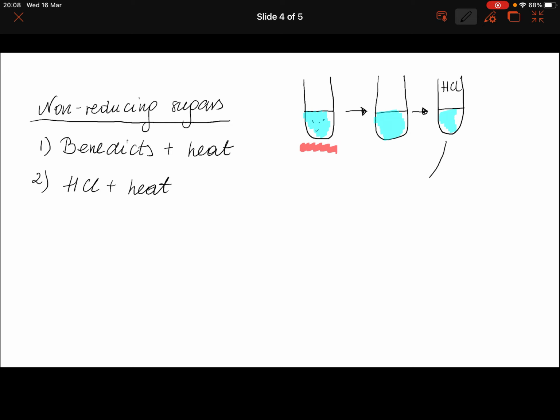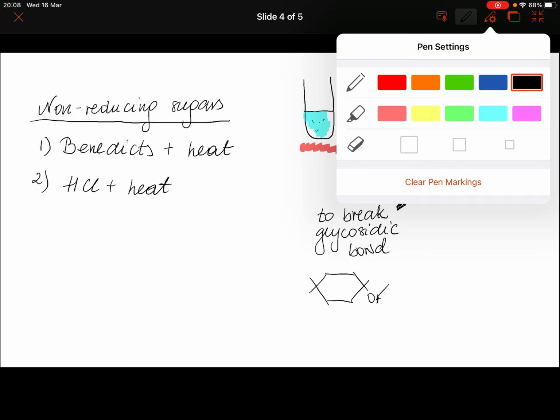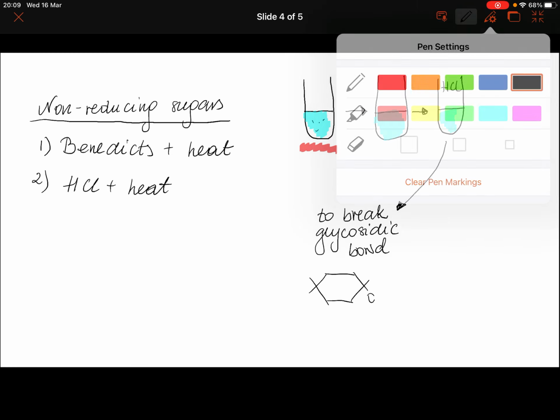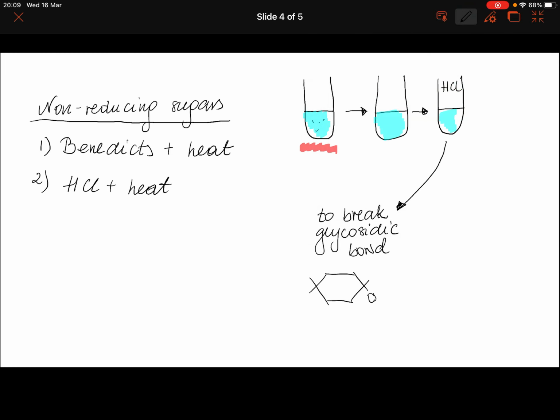The reason why we're doing this is to break the glycosidic bond. Remember, that was the bond located between carbon number 1 of the first glucose and carbon number 4 of the second glucose.